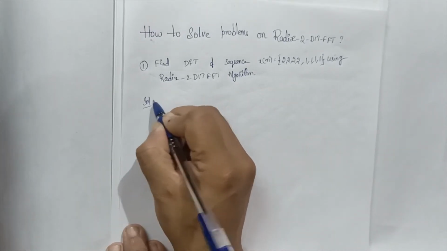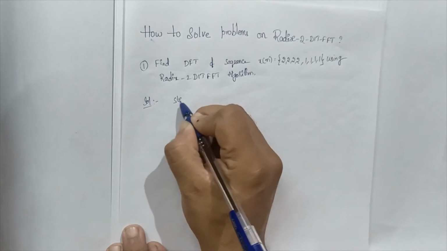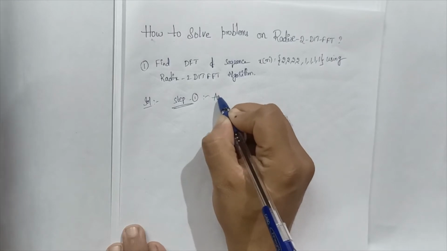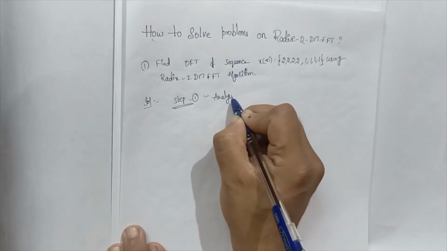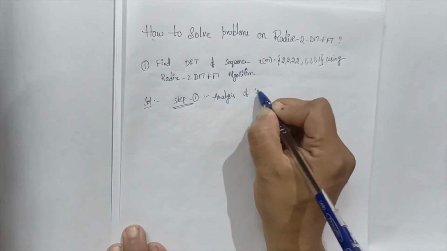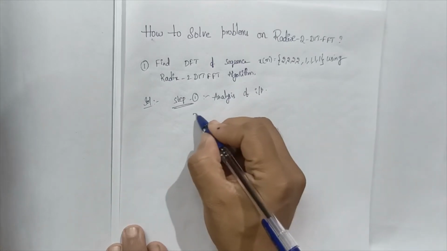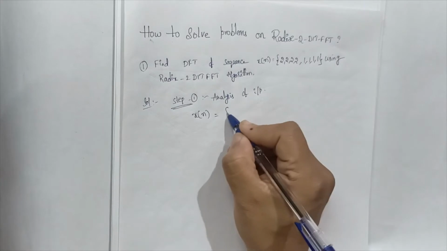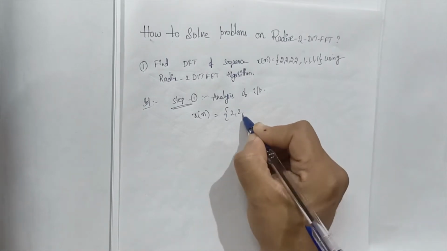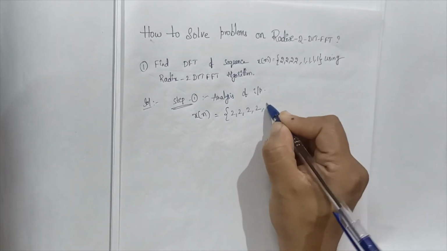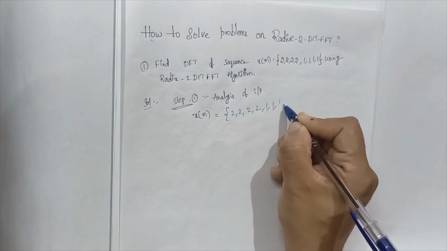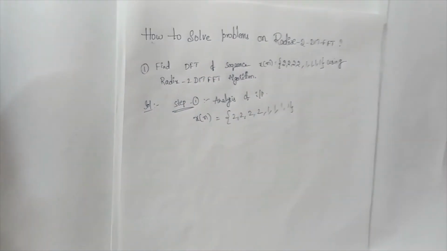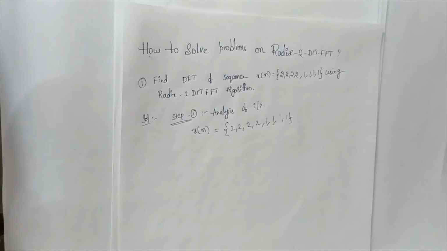In this solution, step 1 is the analysis of input. That means what they have given: x of n is equal to 2, 2, 2, 2, 1, 1, 1, 1.